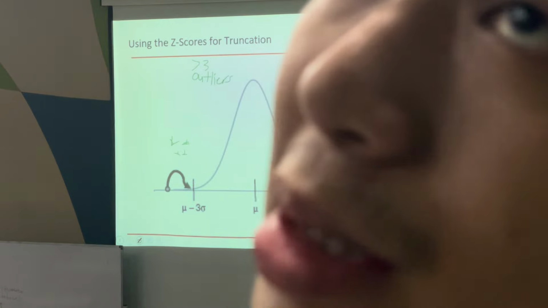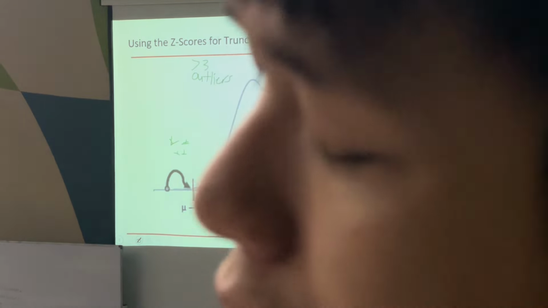But somehow you can also modify this value. So for example, let's say you have 1,000 records, and you only want to remove the extremely high outliers, so you can change this value.